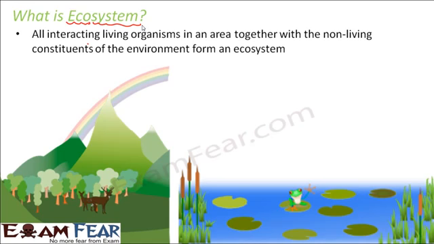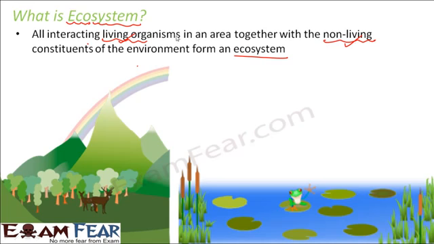So ecosystem is all interacting living organisms in an area together with the non-living constituents of the environment. Whenever we talk about ecosystem, it is the living organisms plus the non-living organisms, because both of them are equally crucial for the sustenance of life.